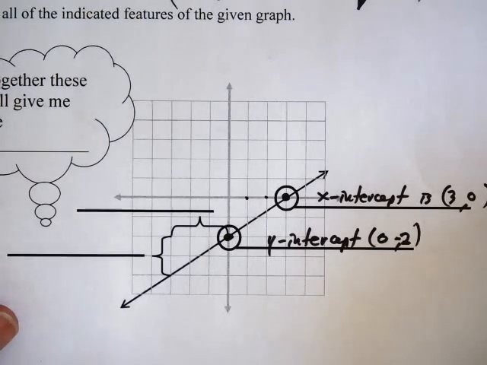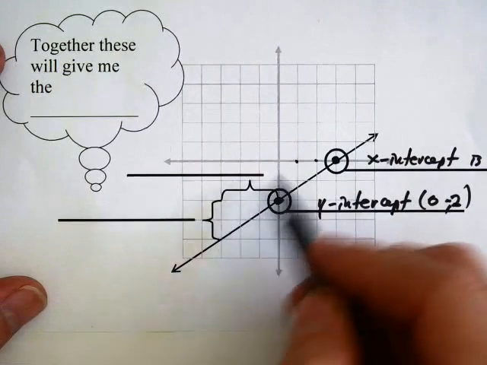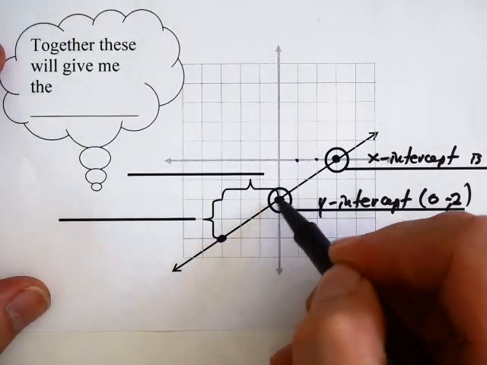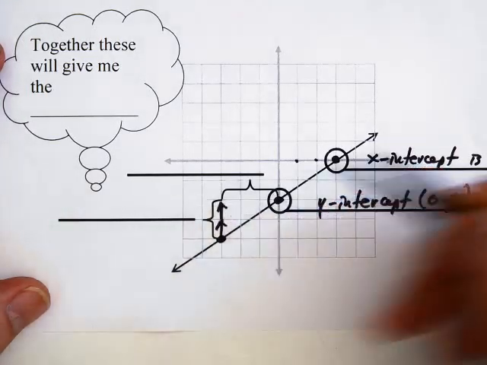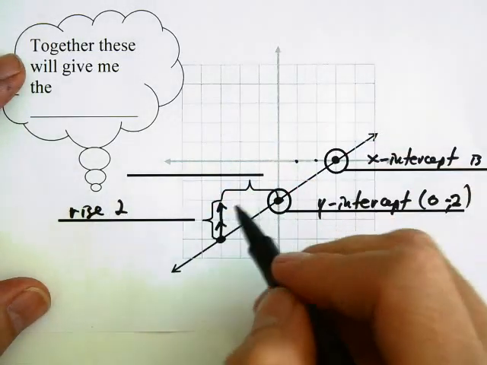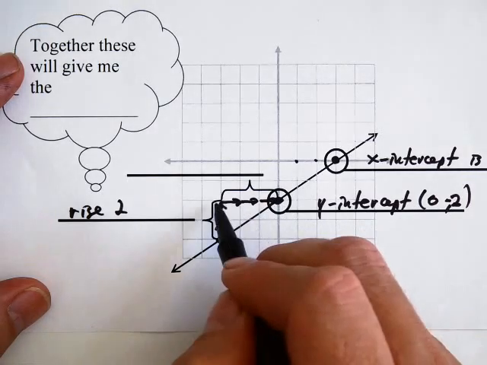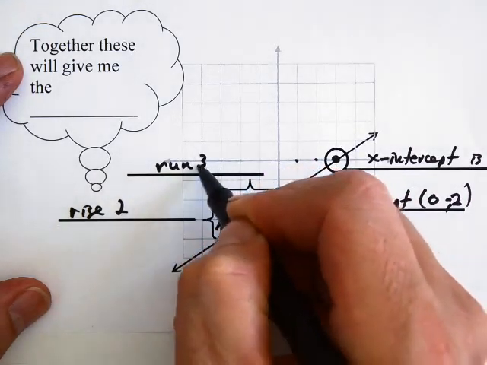Alright. So what's up with these little funny symbols here? Well, from this point to this point, notice what I'm doing. I'm rising 2, so that's what they're going for here, rise 2, and then they're indicating here we run 3.